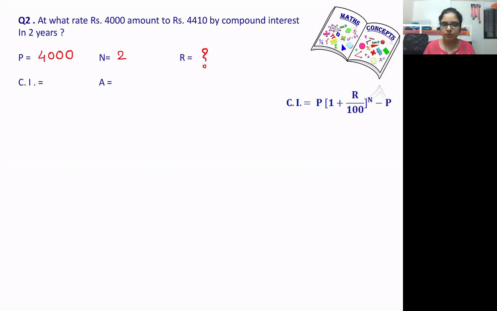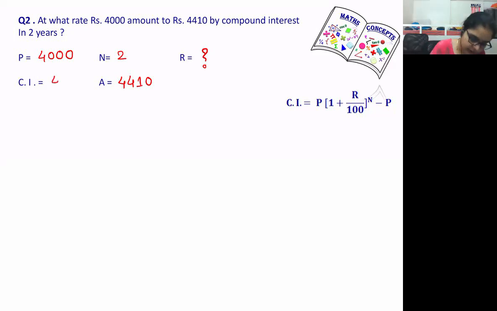Did they give us compound interest? They have not given it directly, but indirectly, yes, they have given it to us. How can we find out compound interest? So our compound interest is 410.